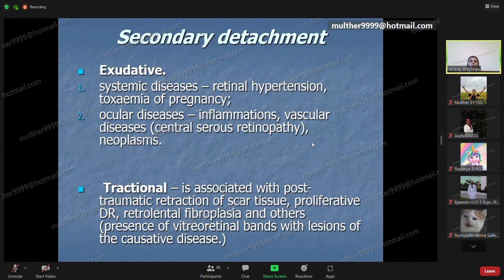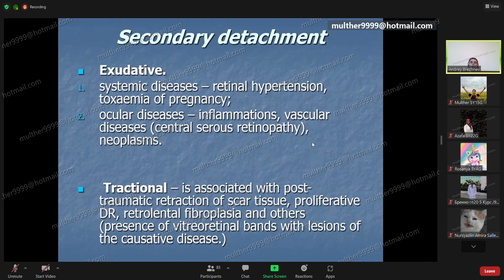It may be differentiated from a simple, primary detachment by absence of photopsia, absence of holes and tears, absence of folds and undulation. At the summit of tumors, it is usually rounded and fixed and may show pigmentary disturbance.